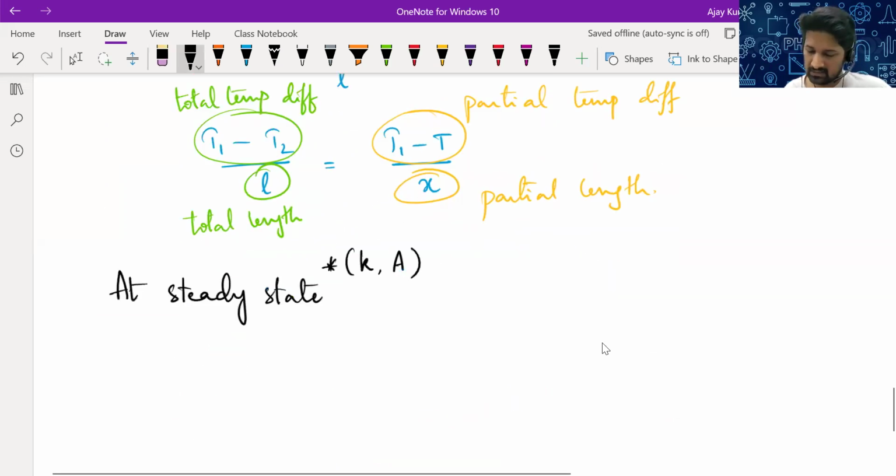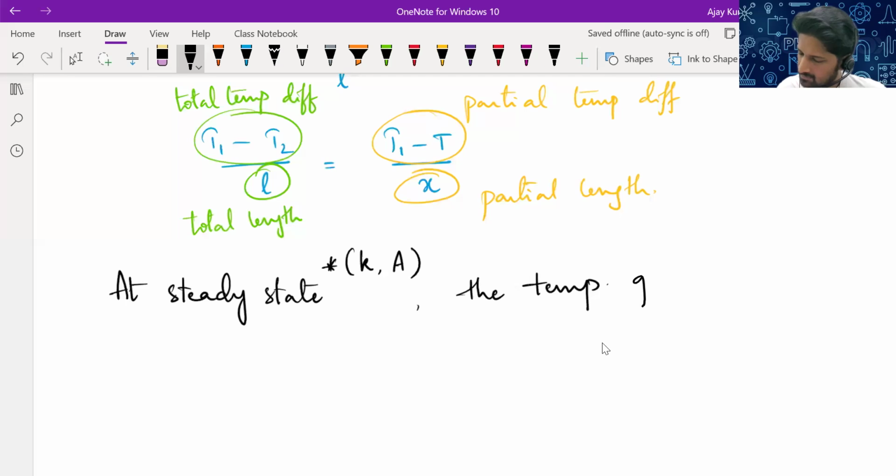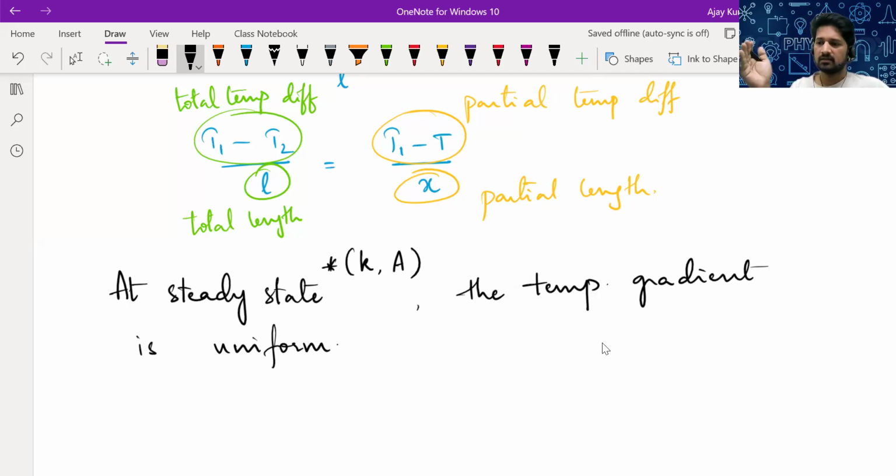Okay. So at steady state, under uniform conductivity and cross-sectional area, the temperature gradient is uniform. Means difference in temperatures of 2 points divided by distance between those 2 points will be same for any 2 points of the rod. Okay, using that you can tell the temperature anywhere.